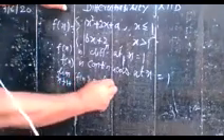So applying this condition, limit x tends to 1 plus f(x) is equal to limit x tends to 1 minus f(x) is equal to f of 1. All the three values are equal. So limit x tends to 1 plus means x is greater than 1, and for x greater than 1 the value of the function is bx plus 2.